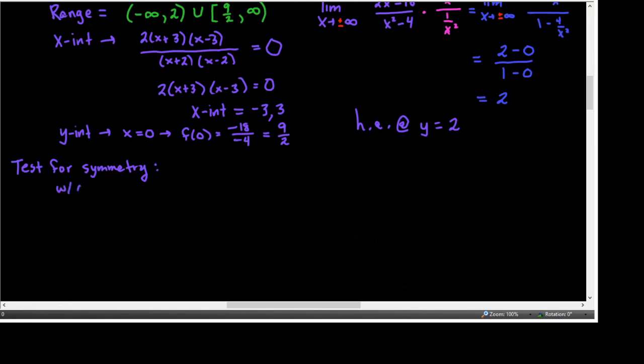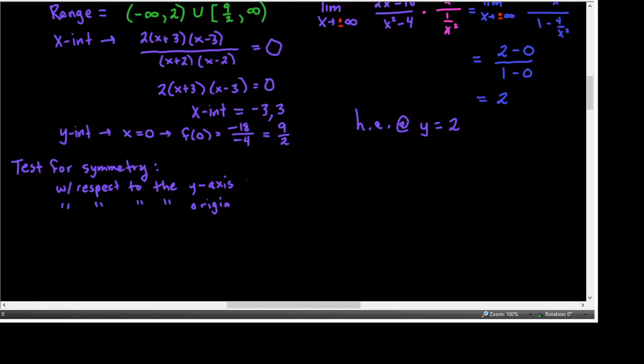Symmetry with respect to the y-axis is one of them, and symmetry with respect to the origin is the other one that we're going to test for. There may be other symmetries out there. I'm not saying that we'll find all symmetries. With this, we'll just find these two in particular.